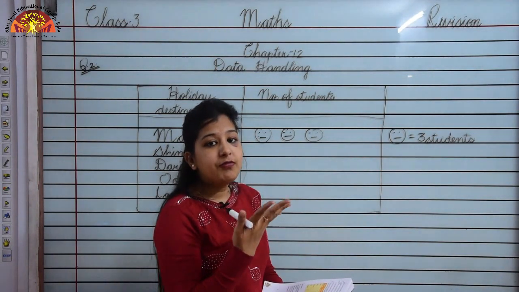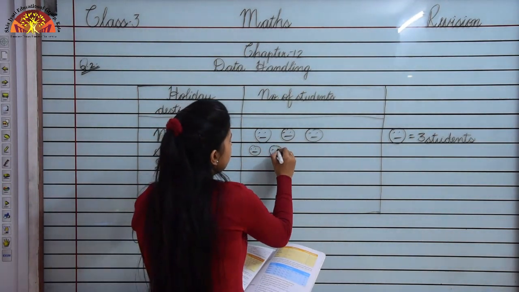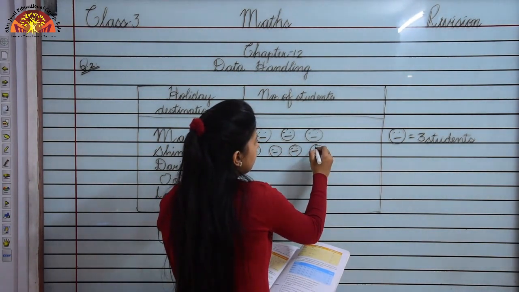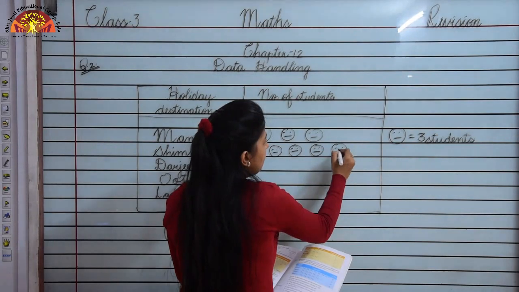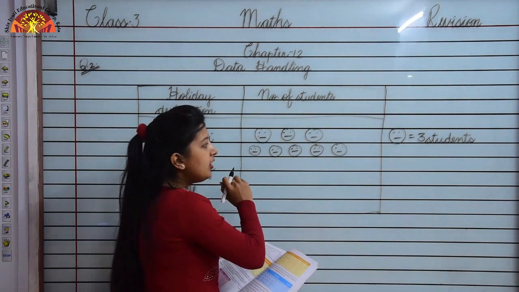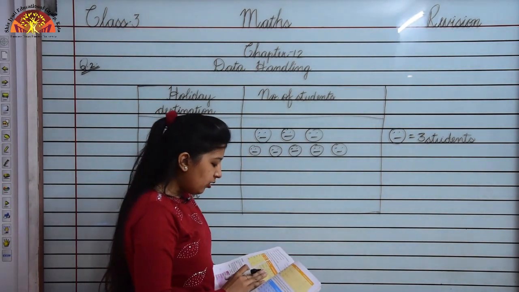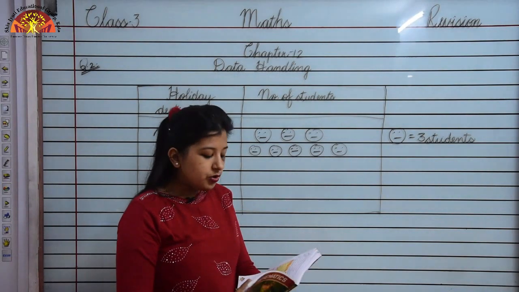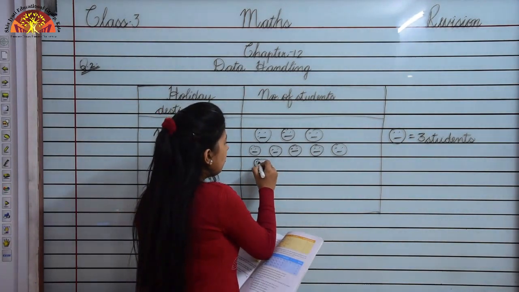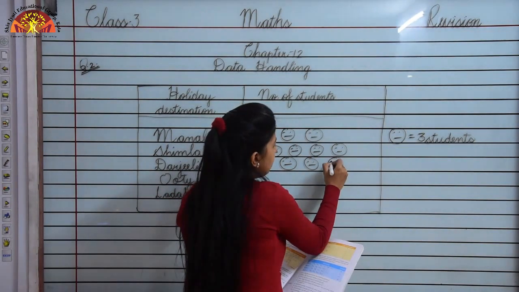We will draw 5 smileys here. 1, 2, 3, 4, 5, because each smiley is representing 3 students. So for 15, I am drawing 5 smileys. Fine. Now next is Darjeeling. So 12 students like Darjeeling. So for 12 students we will draw 4 smileys. 1, 2, 3 and 4.